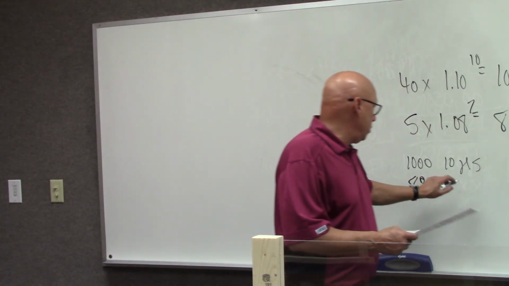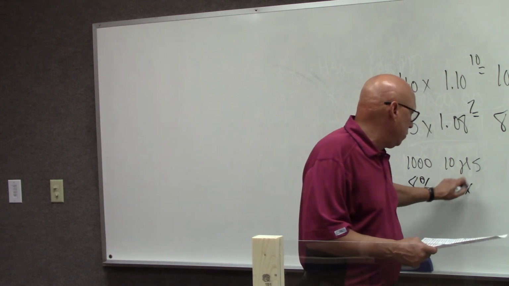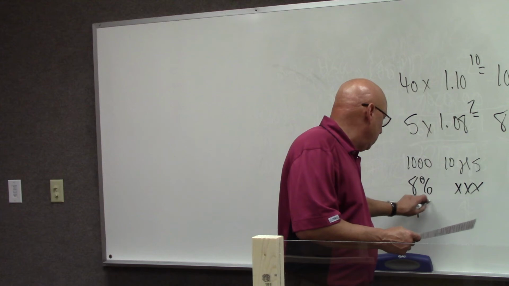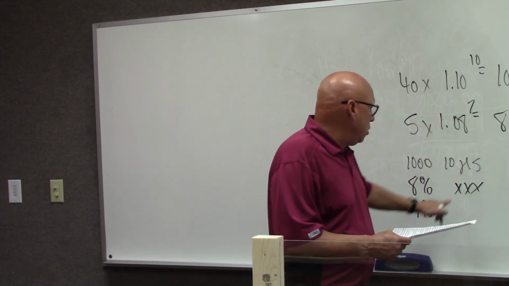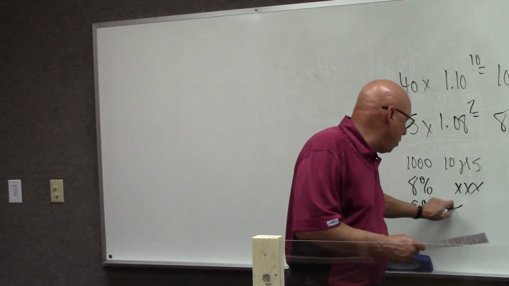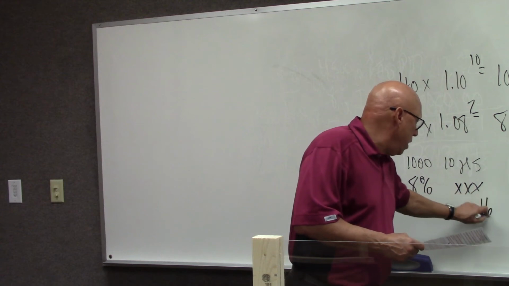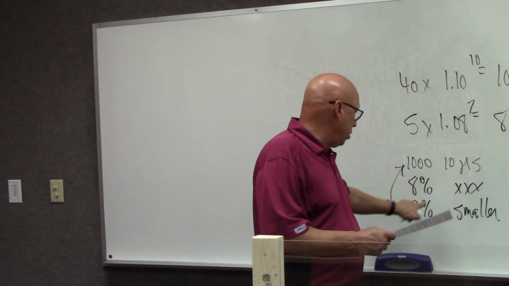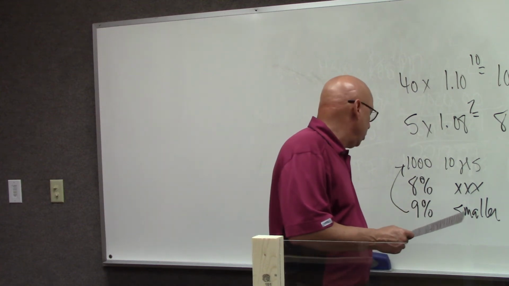You have to begin with a certain amount. Now let's say you can earn 9%. You can put in a smaller amount, and you will end up with $1,000 in 10 years because you're going to earn a higher rate of interest.